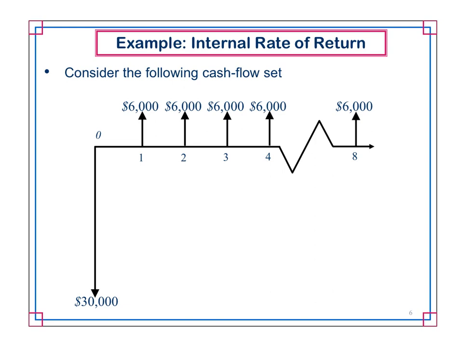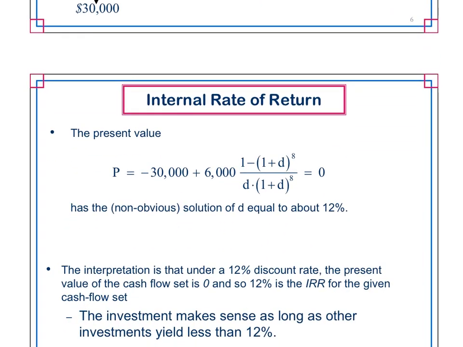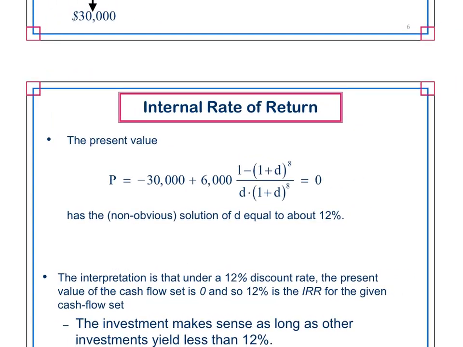So here's an example. $30,000 outlay nets me 8 periods at $6,000 each. So I'd like to determine the internal rate of return. You set up your present value function, setting it equal to 0. So this is actually what I spent, $30,000. That's my negative 30. I'm getting $6,000 per annum.